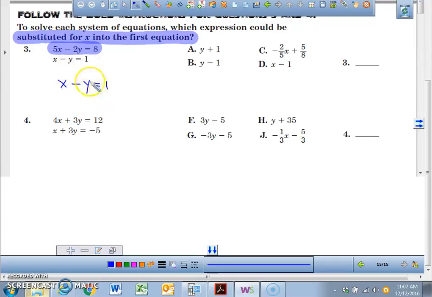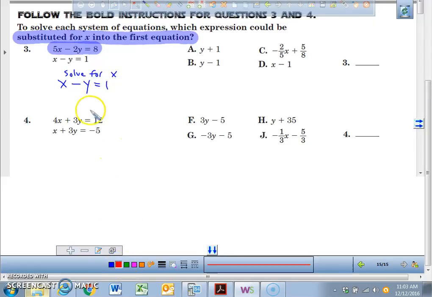You just need to solve for x. All you have to do is add a y to both sides, and you get x equals 1 plus y, but you could also say x equals y plus 1. This expression is what you're going to take and substitute for x into the top equation.